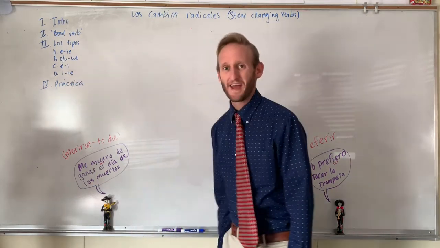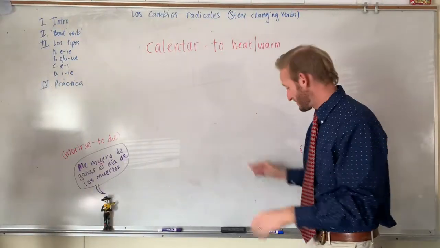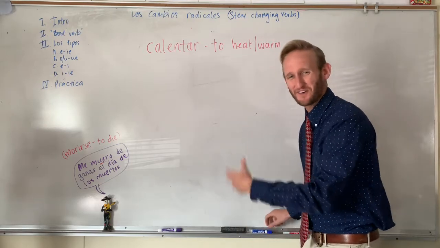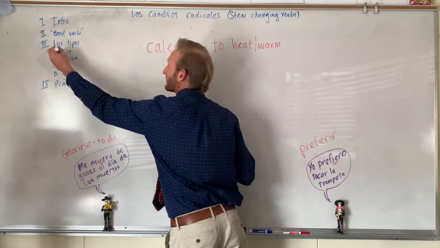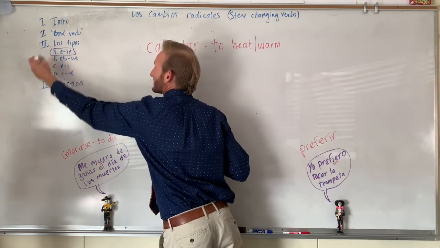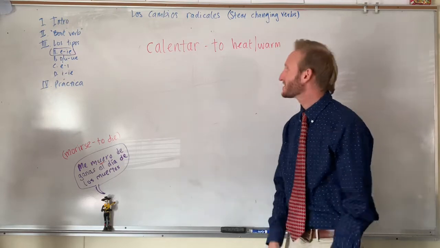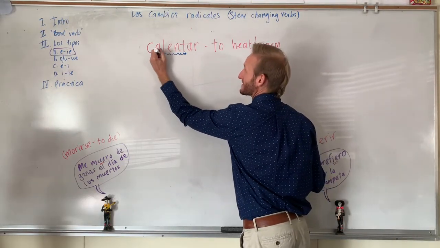Let's start with some e to ie examples. Calentar means to heat or to warm. I put it in red to make the connection, okay? Again, this is an e to ie. Now, when you look at a stem changing verb, you have to, of course, focus on the stem.